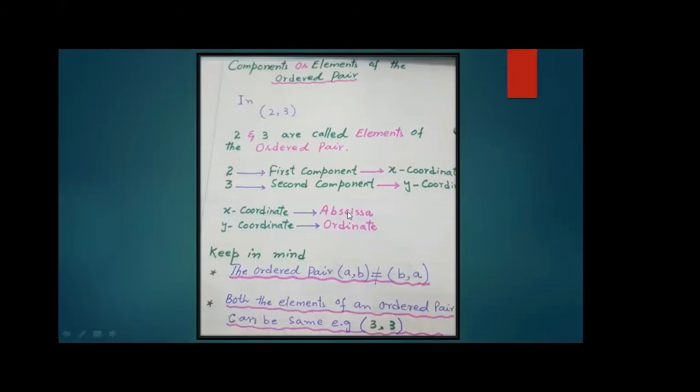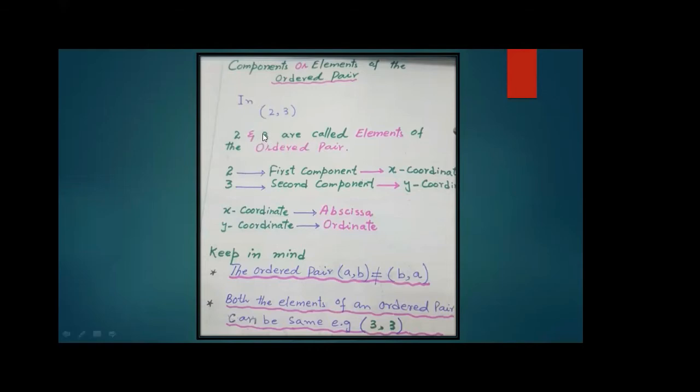Focus on this 2 only. This 2 is the first component of the ordered pair, as well as we call it X ordinate, and X ordinate is also called the abscissa of the ordered pair. Is that clear?